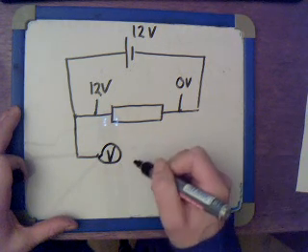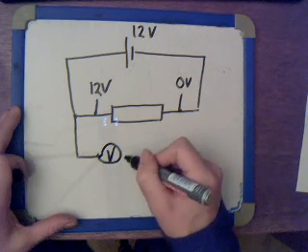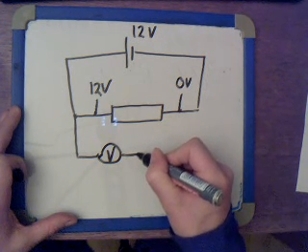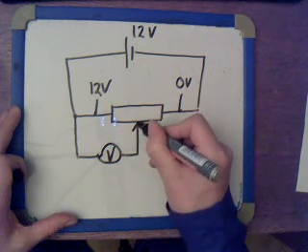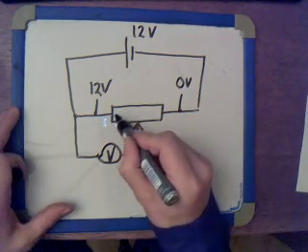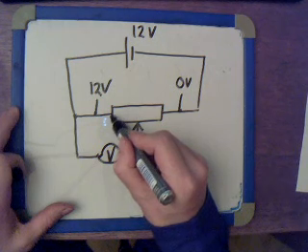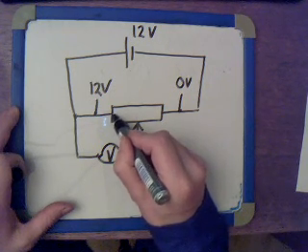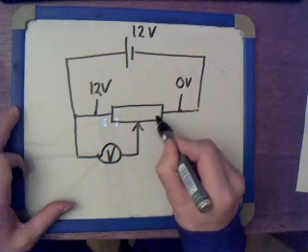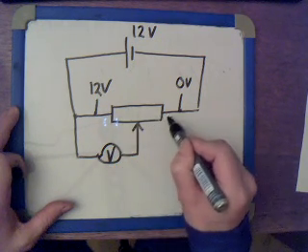Like that, V, and to the voltmeter we will have a pointer. And I'm going to point the pointer just there, so it's right in the middle. Now we're assuming that the resistance is a sort of constant wire, so that further along you go you get a greater resistance.